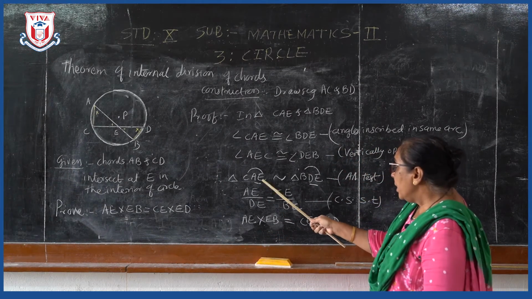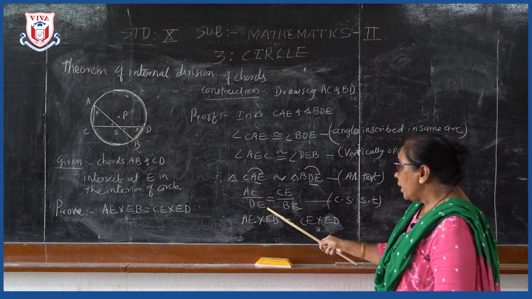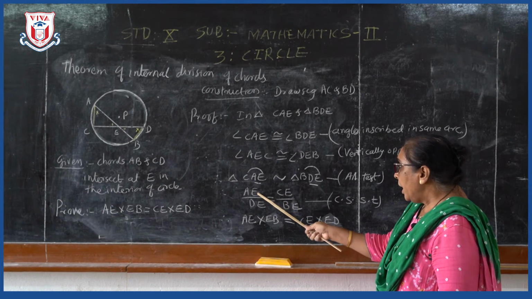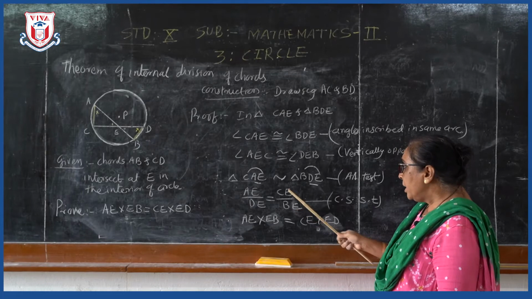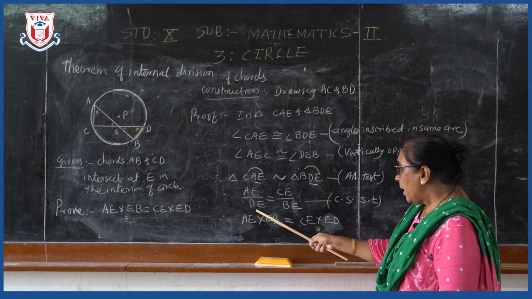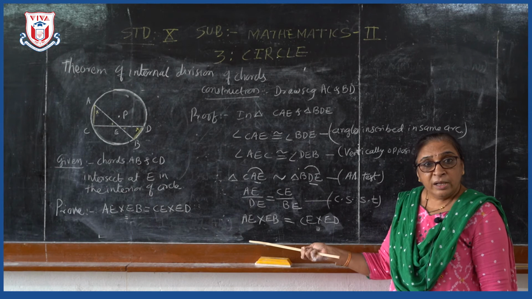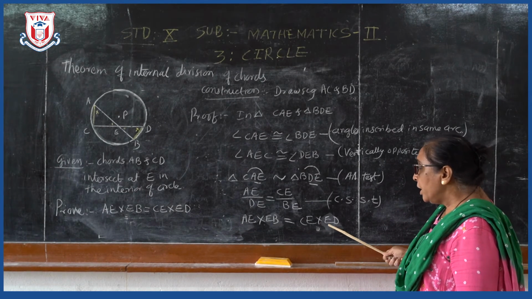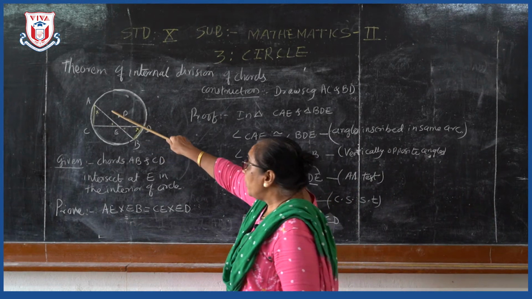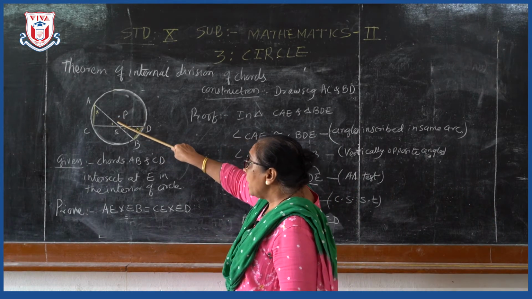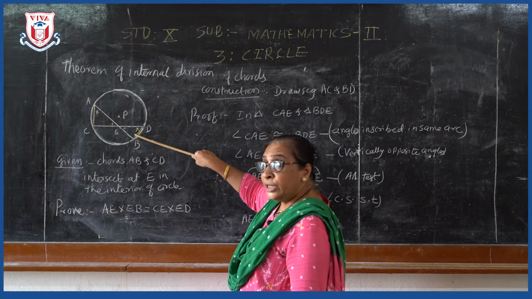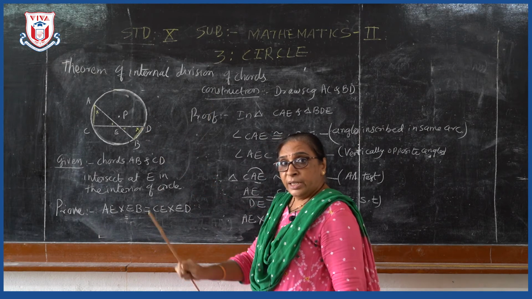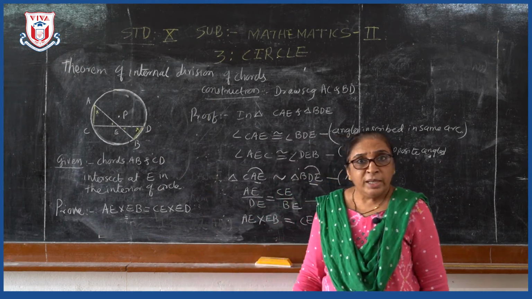So we get these equal ratios of corresponding sides. Now if we do cross multiplication, AE multiplied by BE is equal to CE multiplied by DE. So we get the statement which is to be proved, that AE into EB is equal to CE into ED. That means the product of these two parts of the chord AB, AE into EB, is equal to CE into ED. So it can be proved in this way.